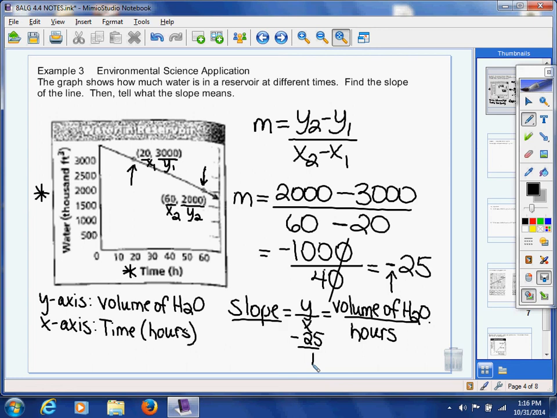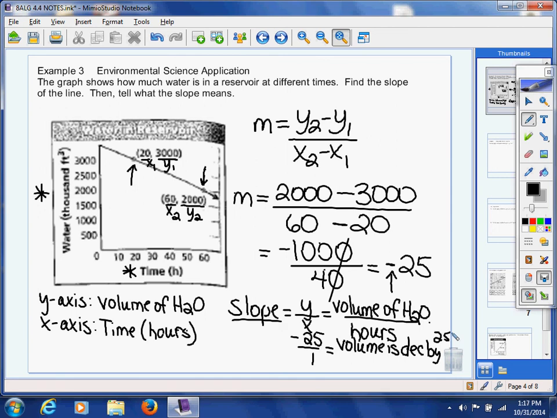Okay? So that negative 25, what that tells me is that the volume of the water is decreasing by 25. That's what it's telling me. The negative sign means it's going down. The reservoir is not increasing in the amount of water, it's decreasing. It's losing water, it's decreasing by 25.